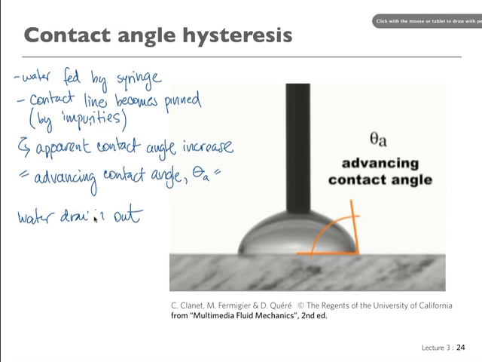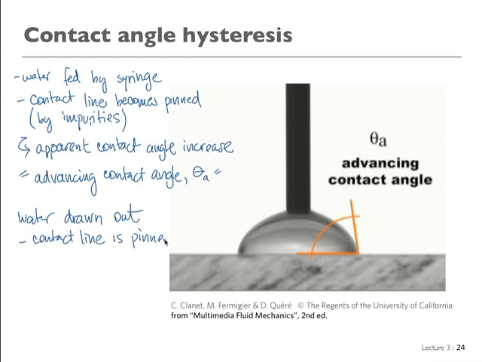oh no, my handwriting there is pretty difficult. Water is drawn out, the opposite effect happens. Your contact line becomes pinned in the opposite direction again. And the smallest angle before the drop contracts is called the receding contact angle.